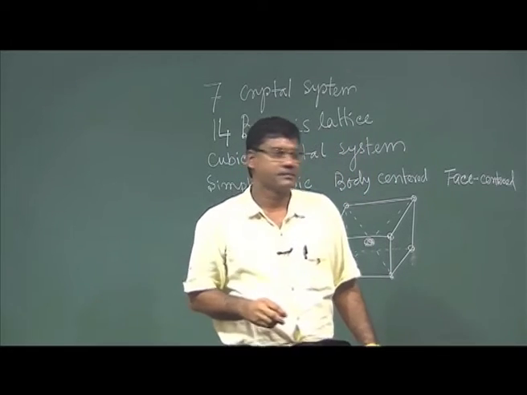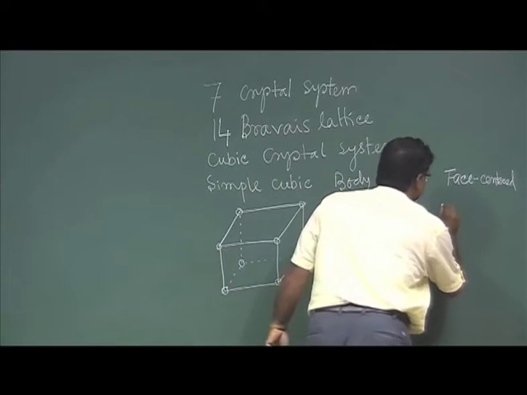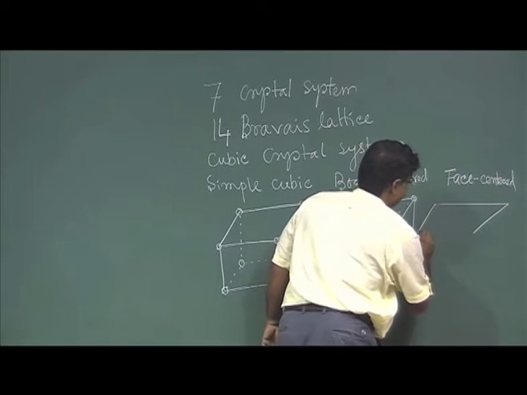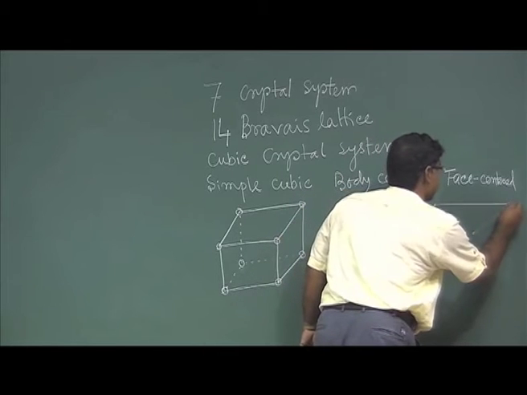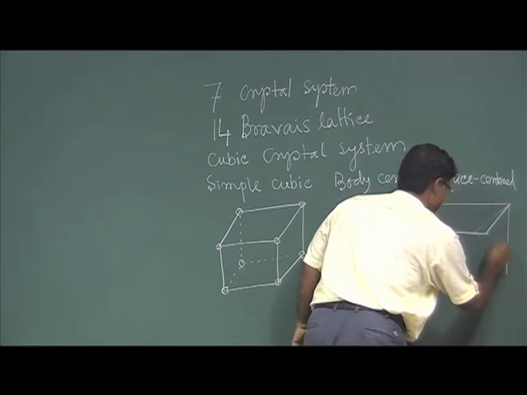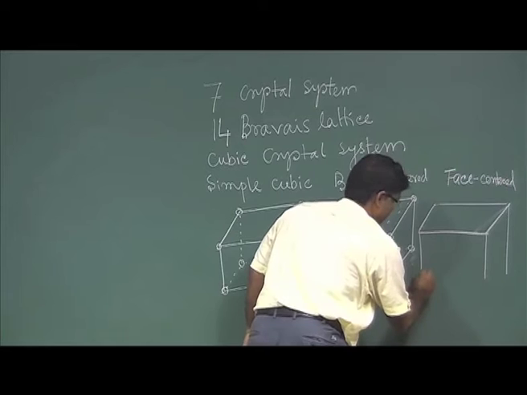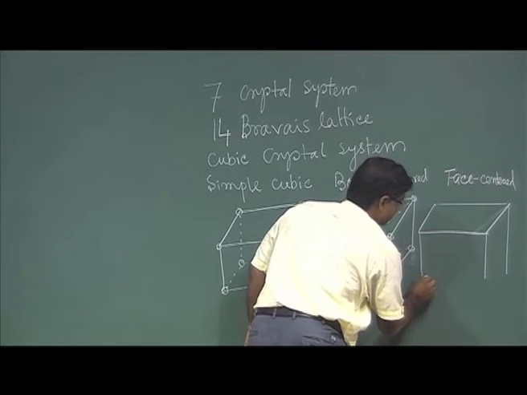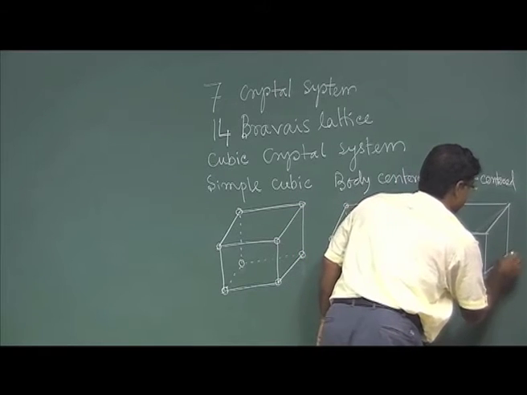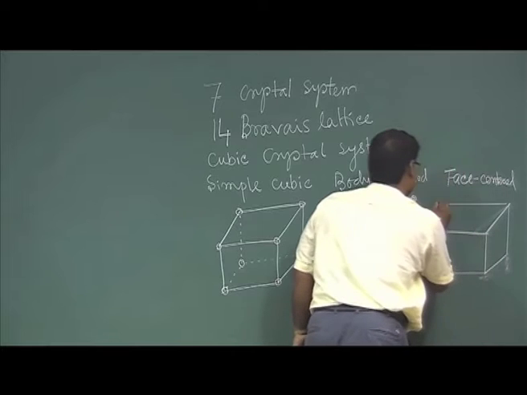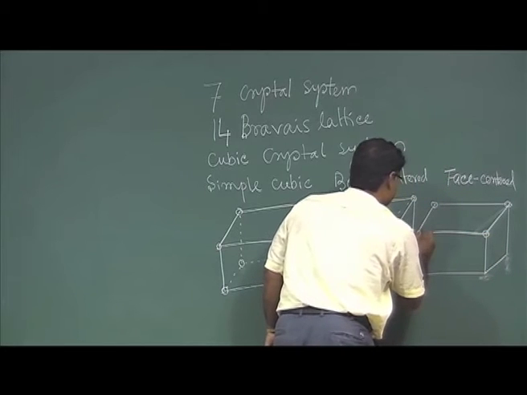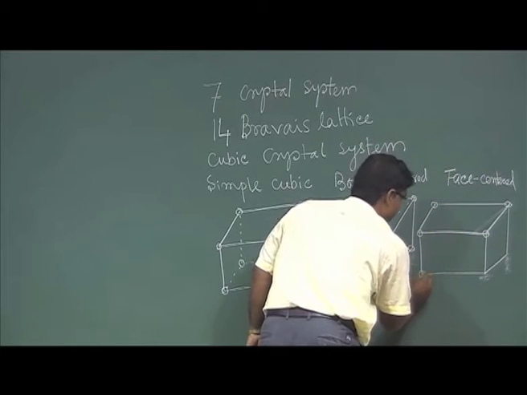Then another Bravais lattice is face centered. In this case, the 8 corners have 8 lattice points as in simple cubic.